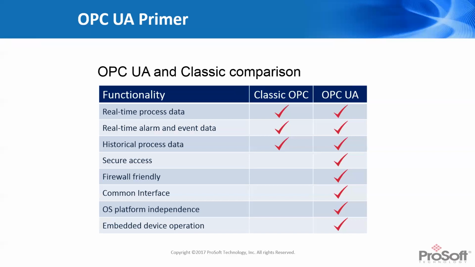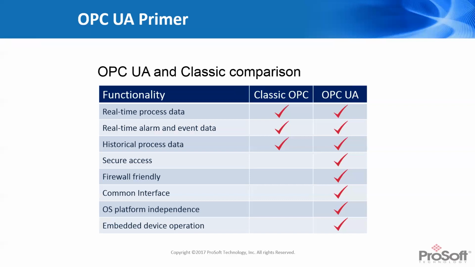OPC UA is a lot easier to get through firewalls, primarily because one of the protocols it uses is the same protocol that your browser uses, HTTP. So that's one of the reasons it's so firewall friendly. The common interface, I kind of like, because when you go from the different clients and configuring the different devices, a lot of the interfaces are the same.